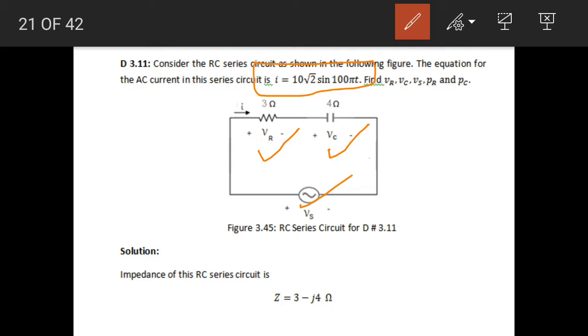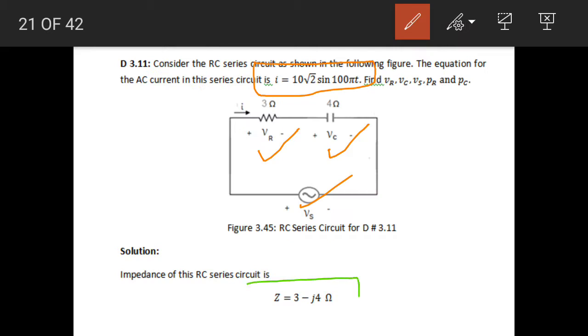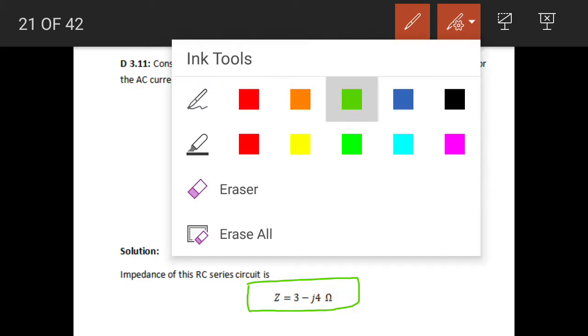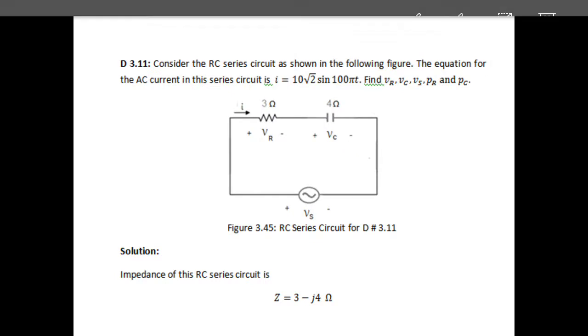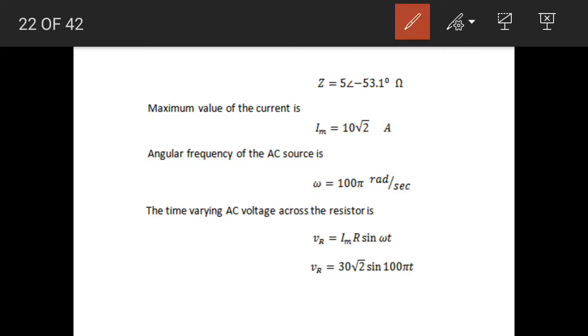So we know that the impedance of this series combination will be equal to 3 minus j 4 ohm. The magnitude of this impedance is 5 ohm, and the angle of this impedance is minus 53.1 degrees. You can calculate the magnitude of the impedance with the help of under root R square plus XC square.